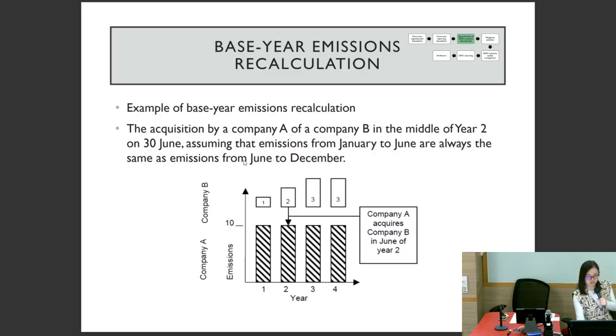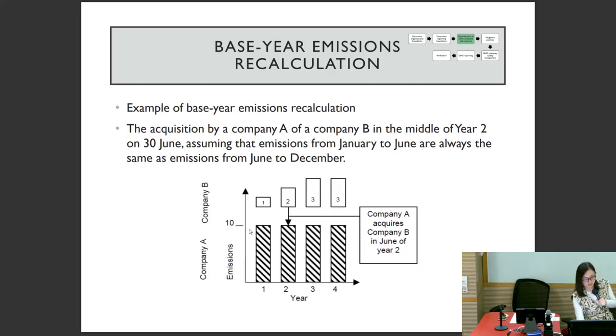So for the first half of the year and the second half of the year, the emissions are the same. And this is the emissions by company A and company B.